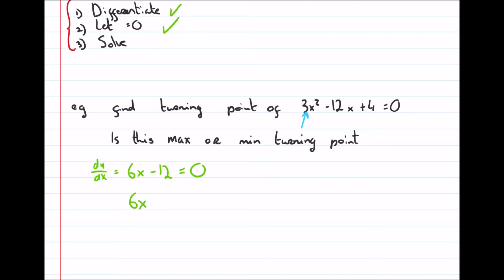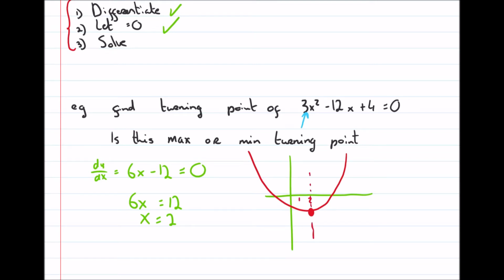So 6x minus 12 equals 0, so 6x equals 12, so x equals 2. So what they're saying there is, on this graph, the minimum value on the turning point is at x equals 2. So if that's 1, that's 2.